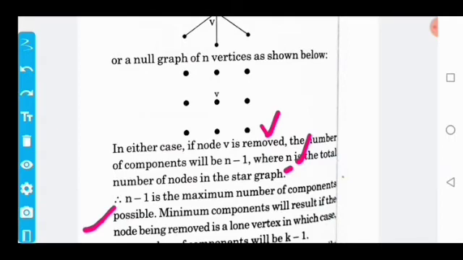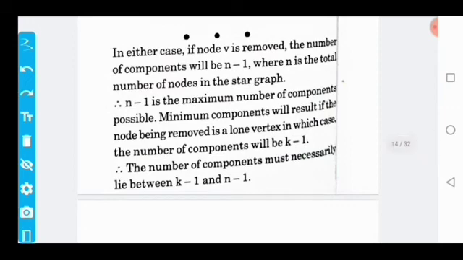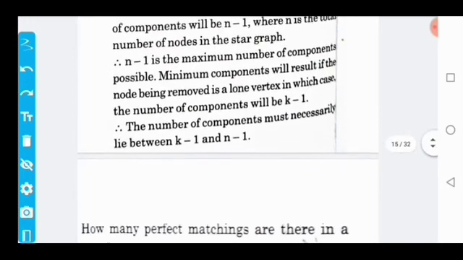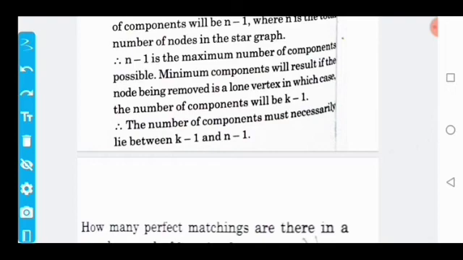The minimum number of components results if the node being removed is a lone vertex, in which case the number of components will be k minus 1. Therefore, the number of components must necessarily lie between k minus 1 and n minus 1, which is your option C. That is your correct answer.